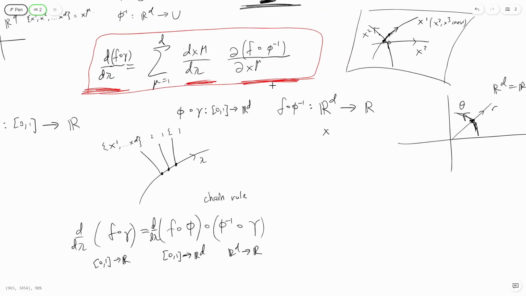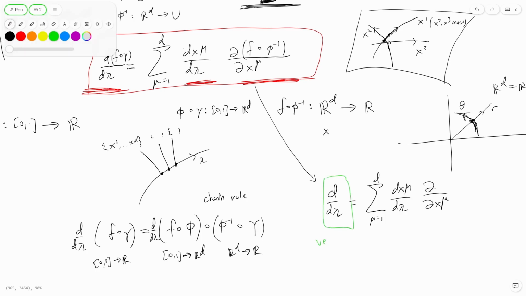Now abstracting f away, if we take this expression, we can think of it as d over d lambda equals the sum over all the components. We can think of this as breaking down a vector into its components and basis vectors. And that is how we arrive at the definition that the partial derivatives are the basis vectors.